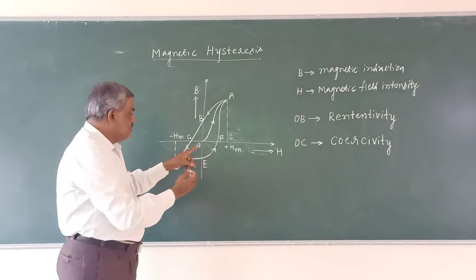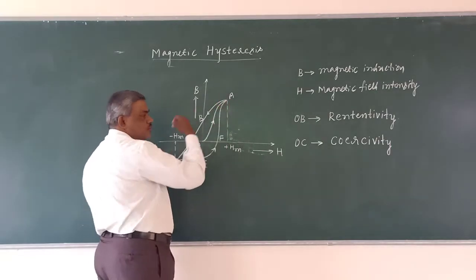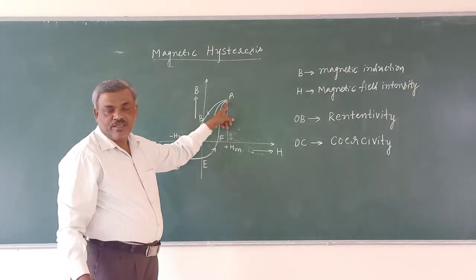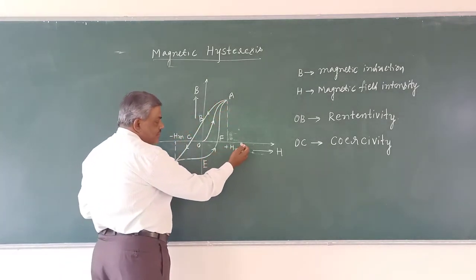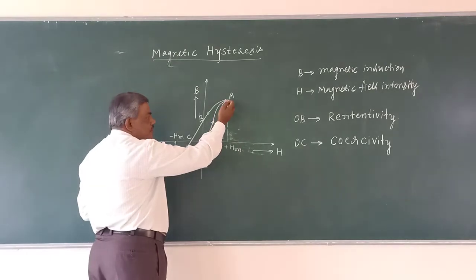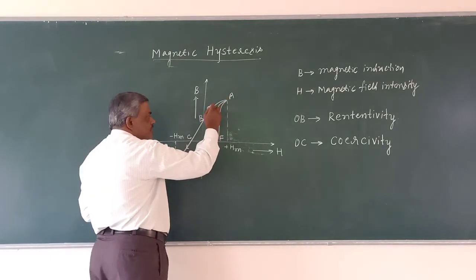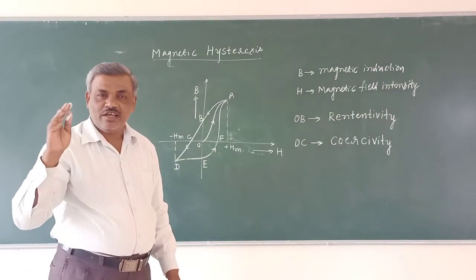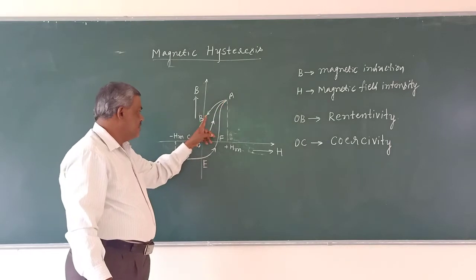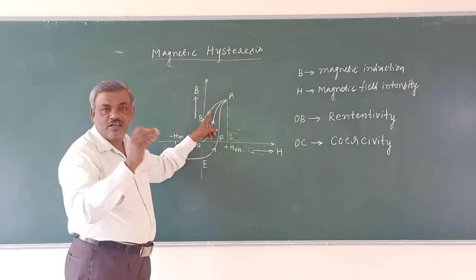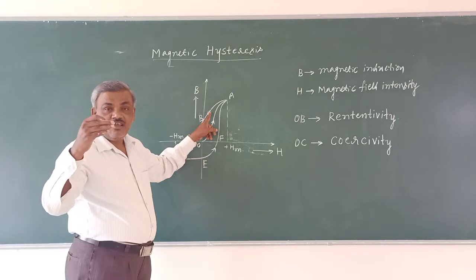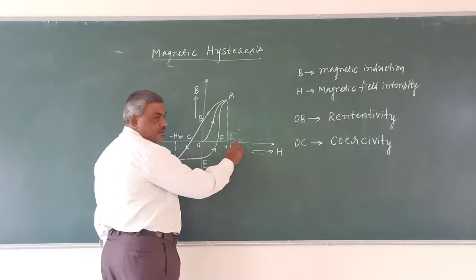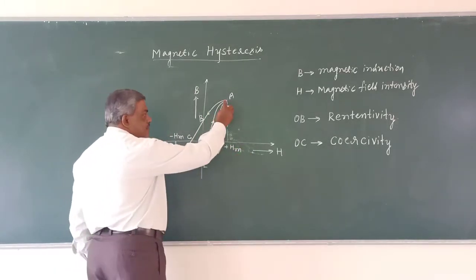In this graph, the path OA shows that the specimen gets magnetized and saturated. Then the magnetic field intensity decreases, and the portion of the graph from A to B shows residual magnetization, as the magnetic field intensity decreases from maximum to 0.